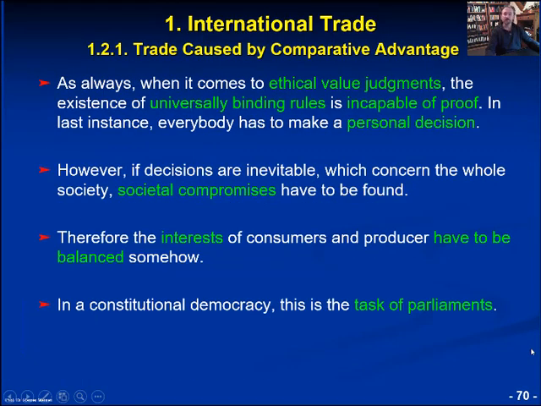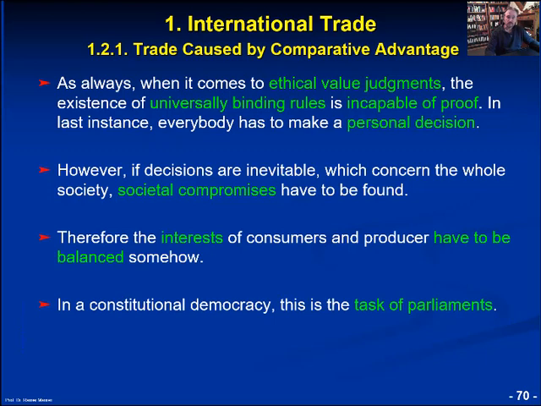As always, when it comes to ethical value judgments, the existence of universally binding rules is incapable of proof. In the last instance, everybody has to make a personal decision. However, if decisions are inevitable which concern the whole society, societal compromises have to be found.